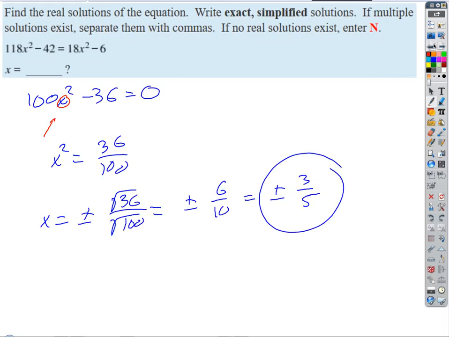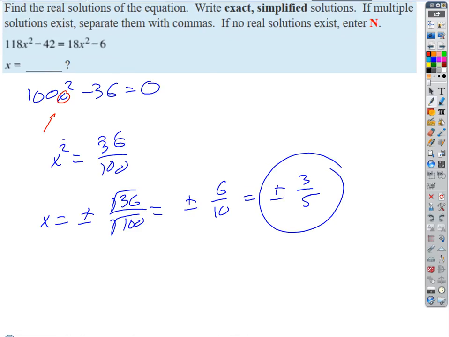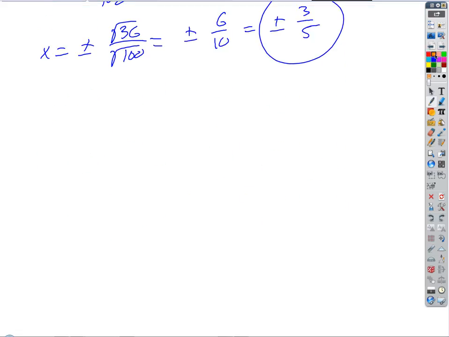If we go back to that last page, what if we got down to a point where we had something like x squared, instead of equaling 36 over 100, say we just had x squared equals negative 4. What are we going to get if I square root both sides? What's the square root of negative 4 going to be? The square root of 4 gives me 2, and the square root of negative 1 makes it an i.